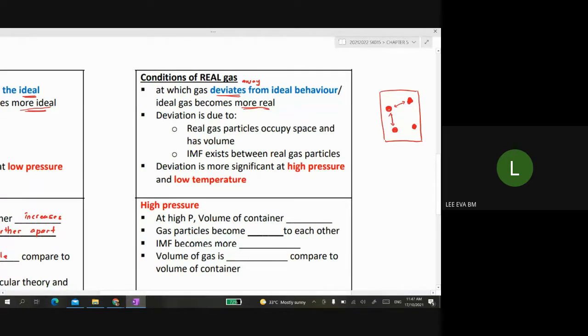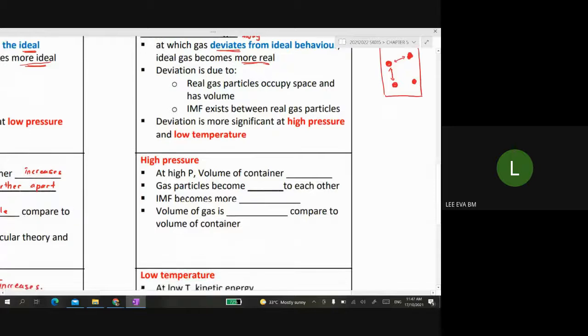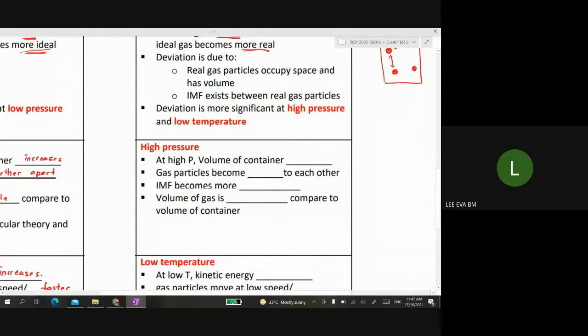Okay, so let's look at high pressure first. At high pressure, what happens to the volume of the container? It decreases. So when the container becomes smaller and smaller, your gas particles become how? We have compressed the container.